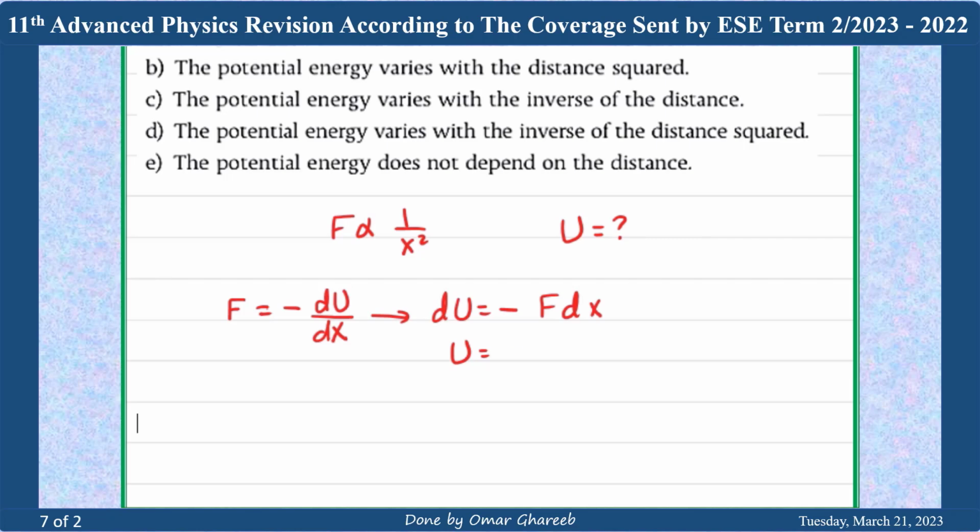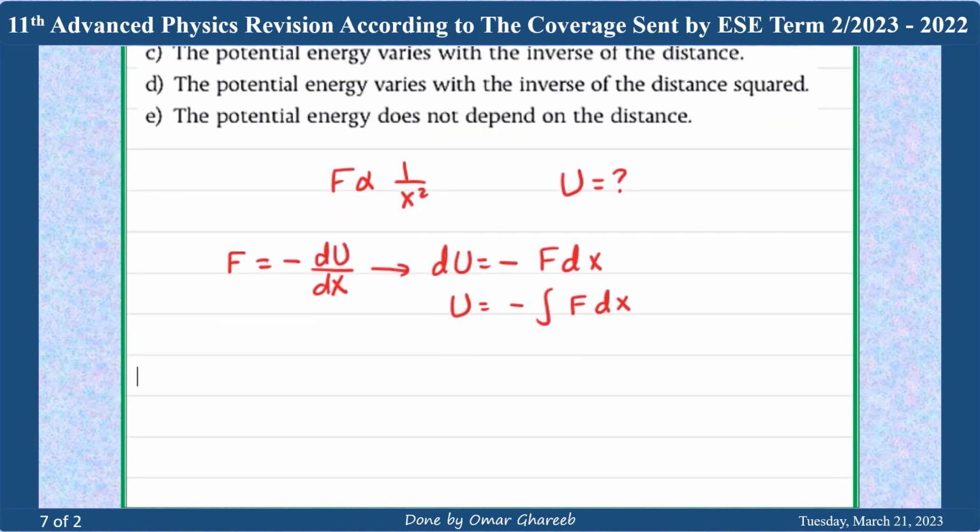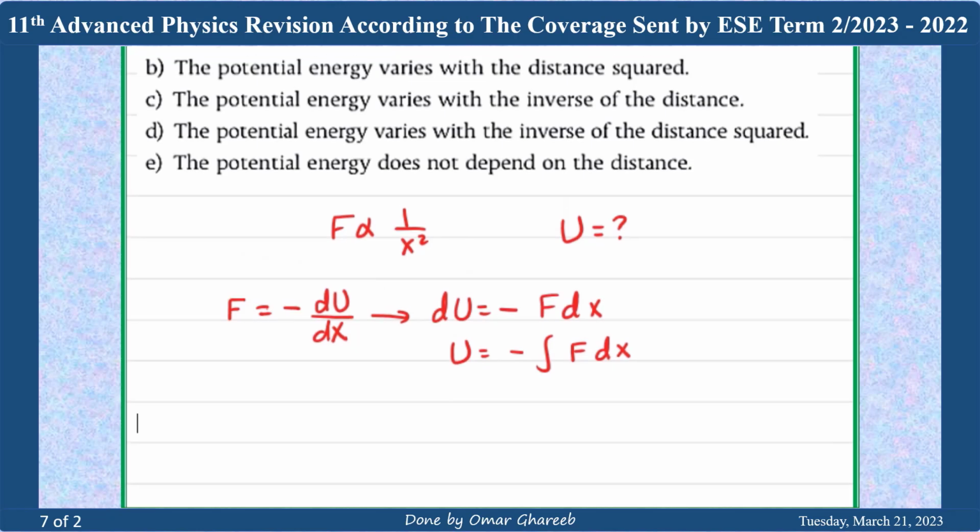U equals minus integration F dx. Now F is proportional to 1 over x squared, like some constant c over x squared. So put it in the integration: minus integration c over x squared dx.